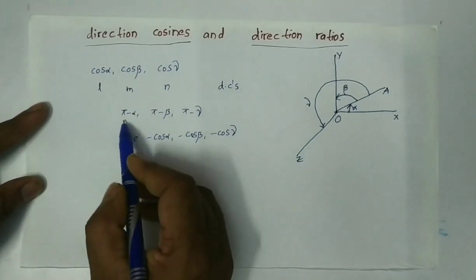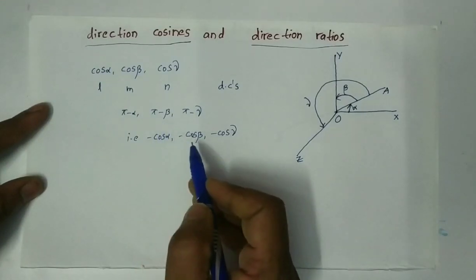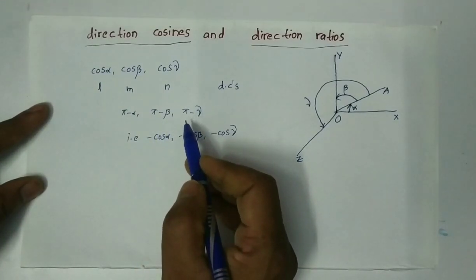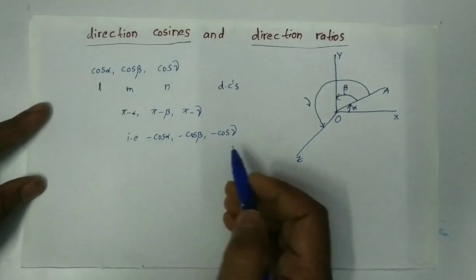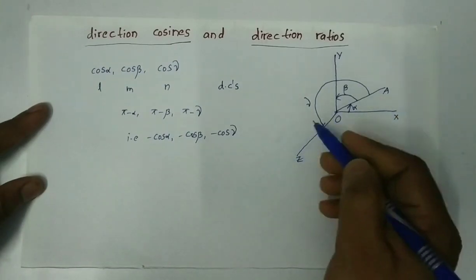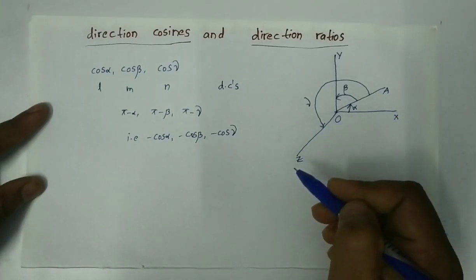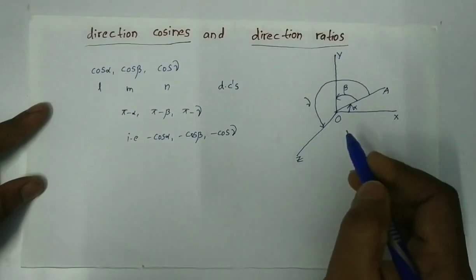Cos of pi minus alpha is minus cos alpha, cos of pi minus beta is minus cos beta, cos of pi minus gamma is minus cos gamma. So if the given line can be extended in two opposite directions in space, it has two sets of direction cosines.